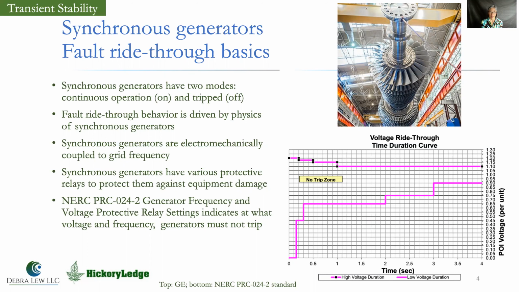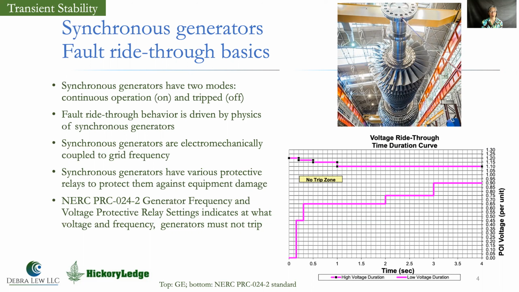Now, in order to deal with minor speed bumps on the system, NERC has set up a standard, NERC PRC-024-2. And this standard tells generators how NERC wants them to stay online during voltage and frequency speed bumps on the system.